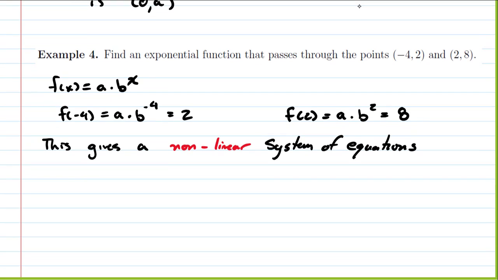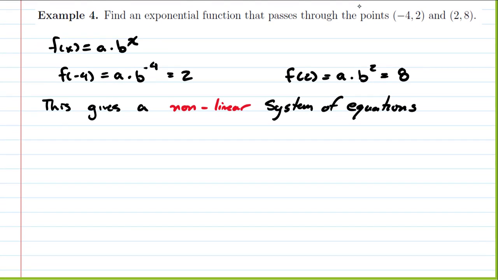But we'll notice something. Both of them have an a in them, and they have exactly 1. So we can always divide one equation by the other to eliminate the a's. So if we take a times b squared equals 8, and we divide it by this equation on both sides, we would have a times b to the -4 is equal to this side divided by this side of this equation, which is 2.